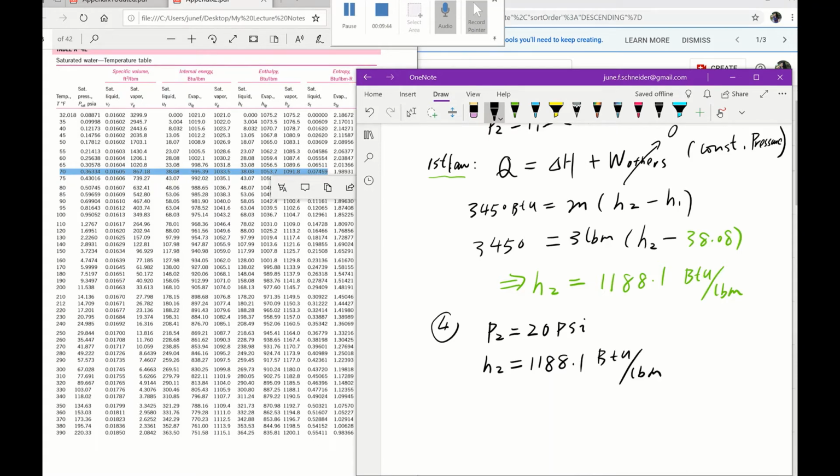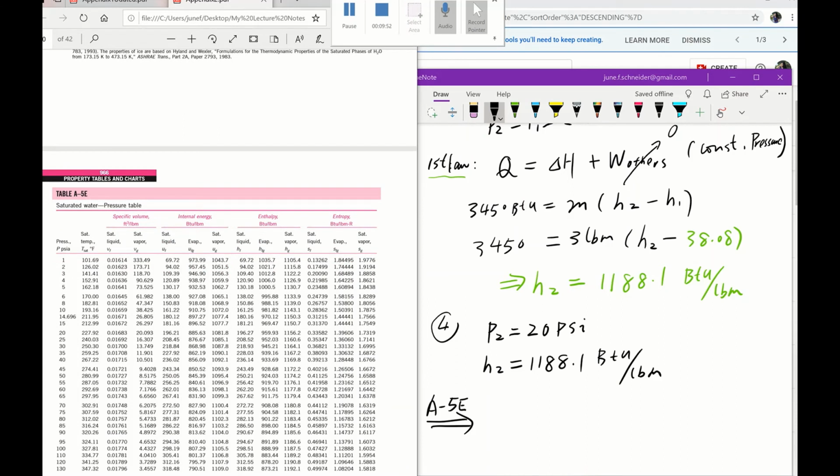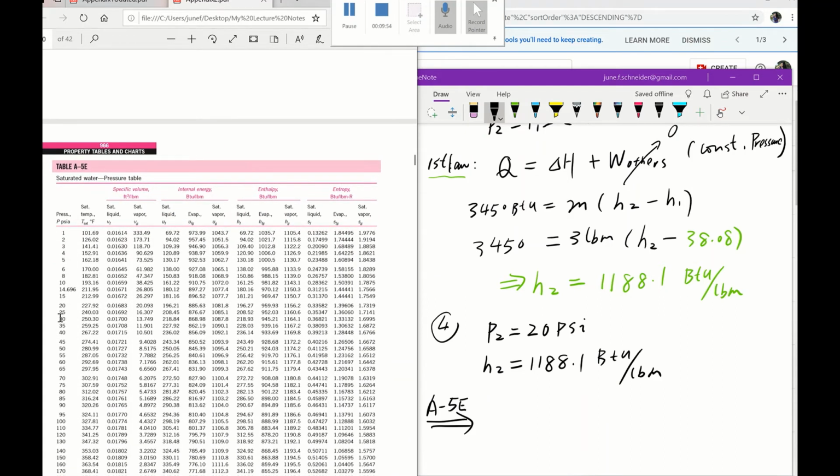So knowing these two properties, we're going to table A5E because pressure is given. At 20 psi, how is our H compared to Hf and Hg?